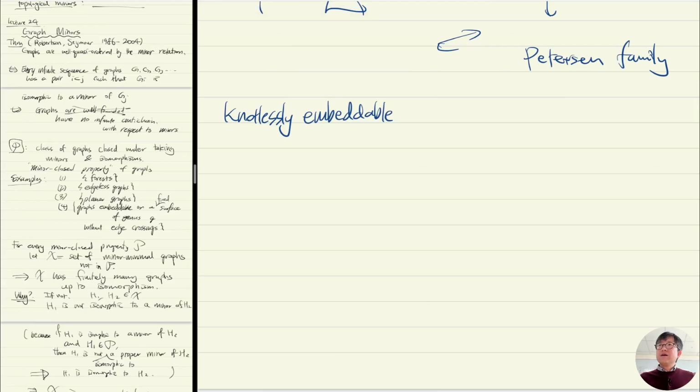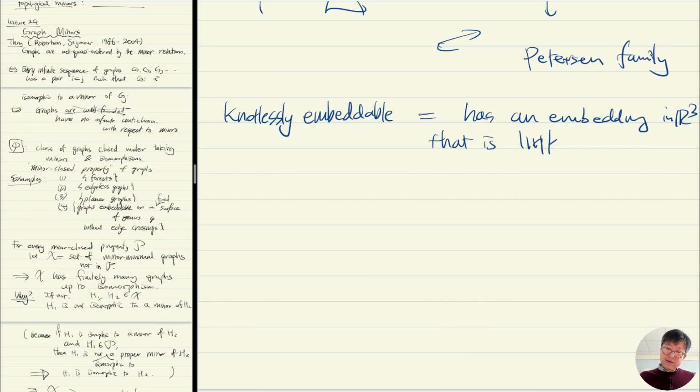Non-knottedly embeddable means that it has an embedding in R3 that is linkless and no cycle is a knot.